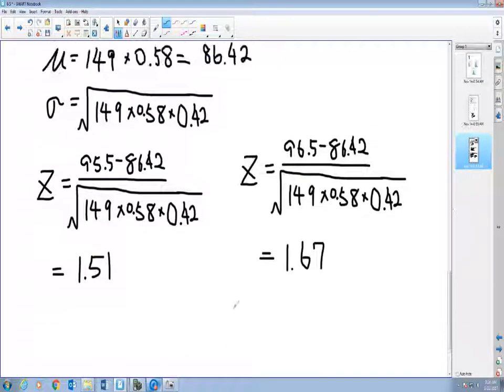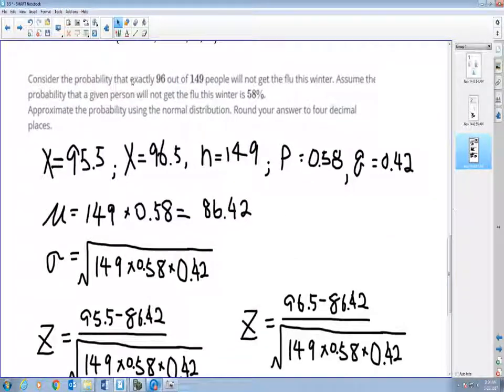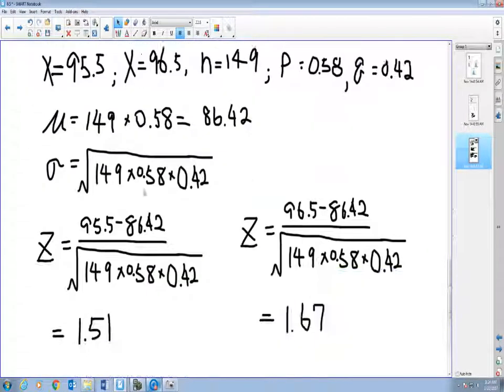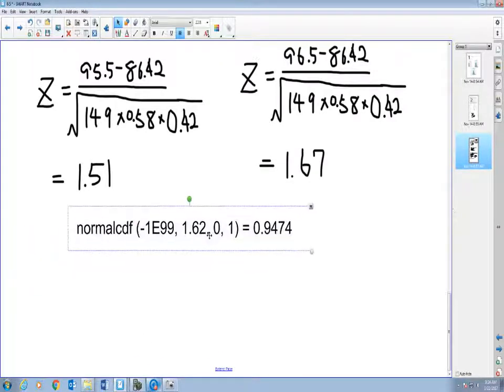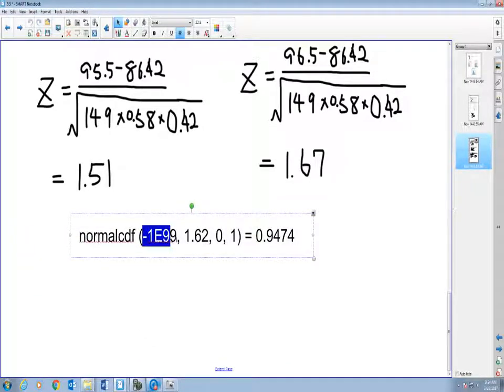Alright, so that's my lower bound, that's my upper bound. So normal CDF, 1.51 to 1.67, comma 0, comma 1.